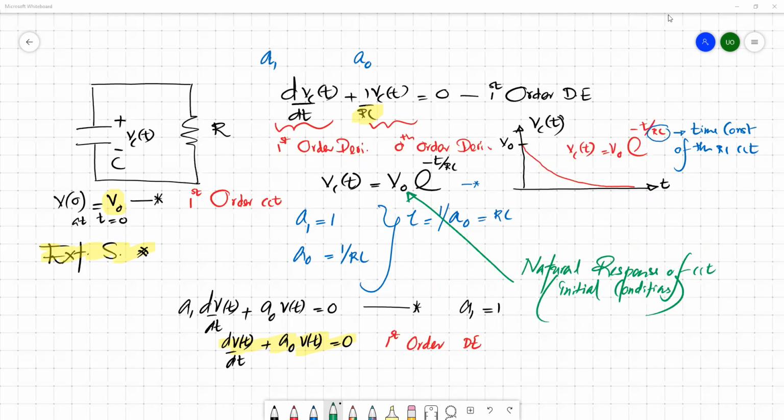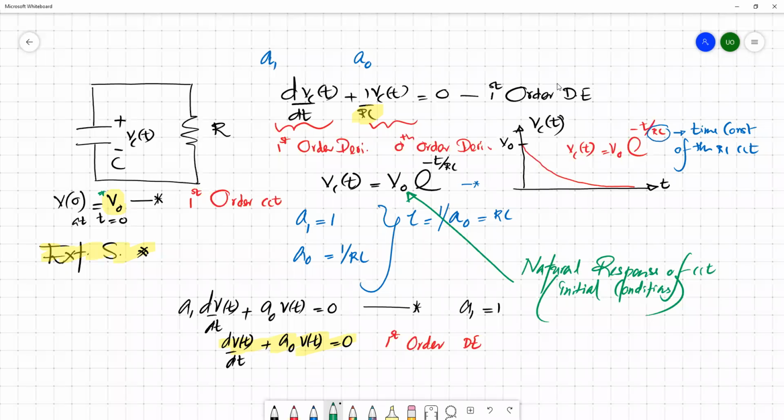Once we go to this example, you may realize that what I want to highlight here is that this circuit doesn't have any external sources, and it is basically powered by the initial condition of the circuit.